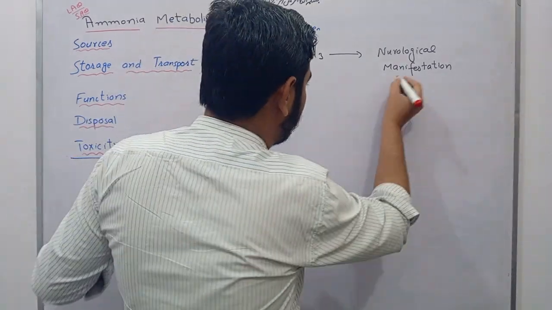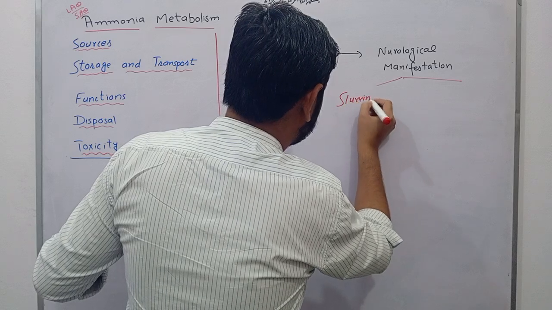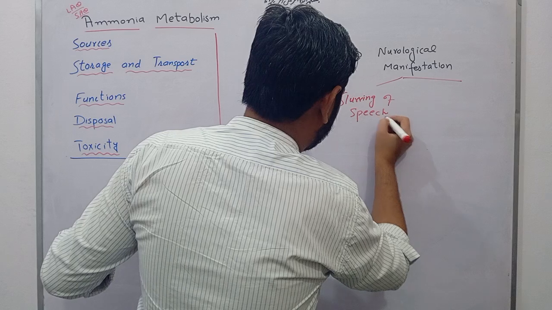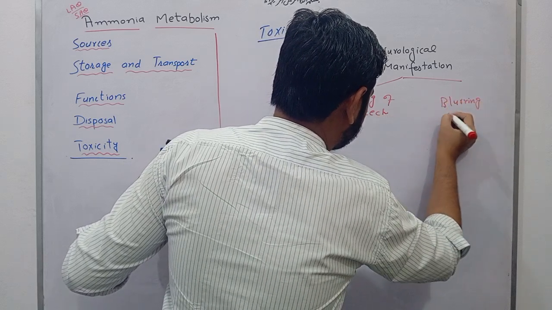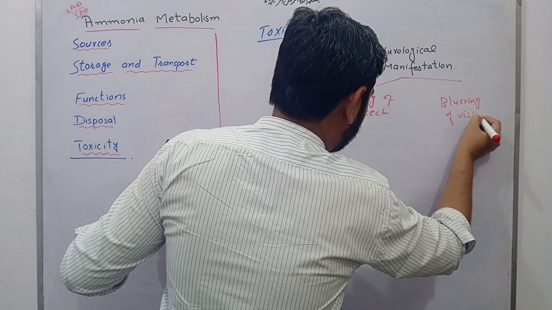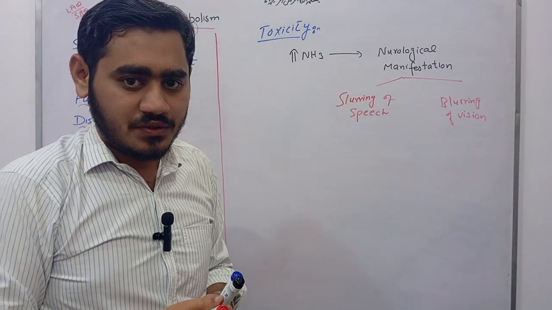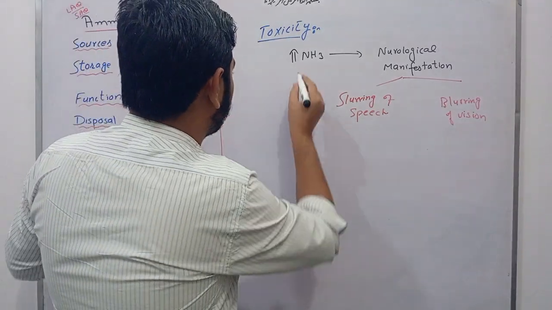The symptoms are slurring of speech and blurring of vision. So these are the symptoms of neurological manifestation. This increase in concentration of ammonia is very harmful.